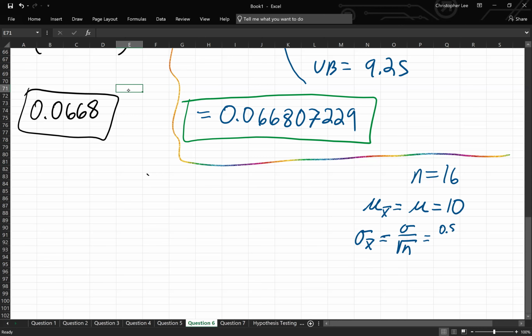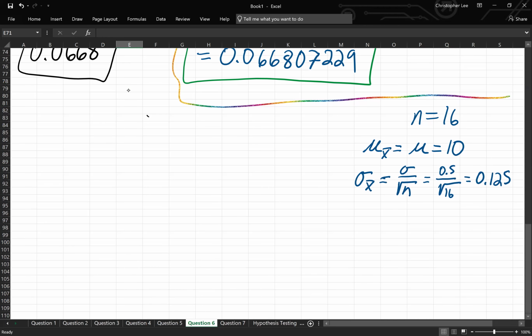Let's see, 0.5 divided by square root of 16. I heard 0.125. Okay. Questions on this? Make sense? Okay. So now they literally ask the same question, right? They want to know what is the probability of X bar less than 9.25?